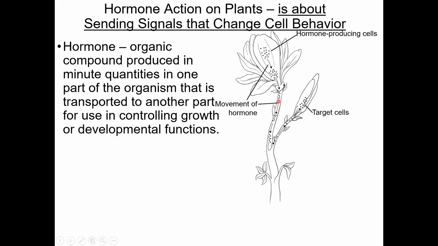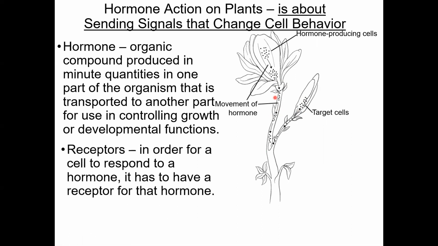Here it has to do with flowering going on. And we've already said that there is no organ, no system, no hormone system, unlike animals. There are receptors, and receptors are proteins that bind very specifically to a certain signaling molecule, like a hormone.